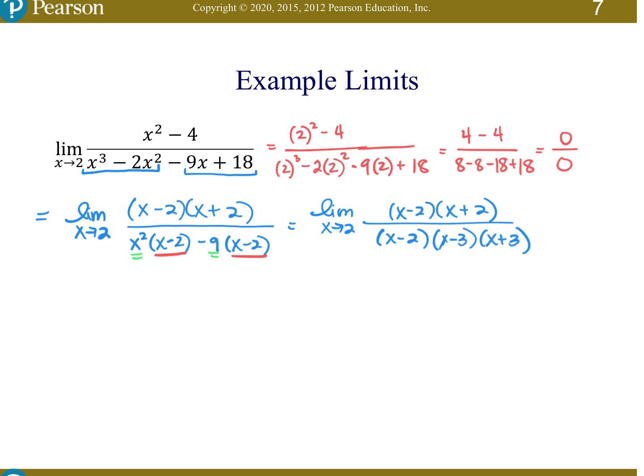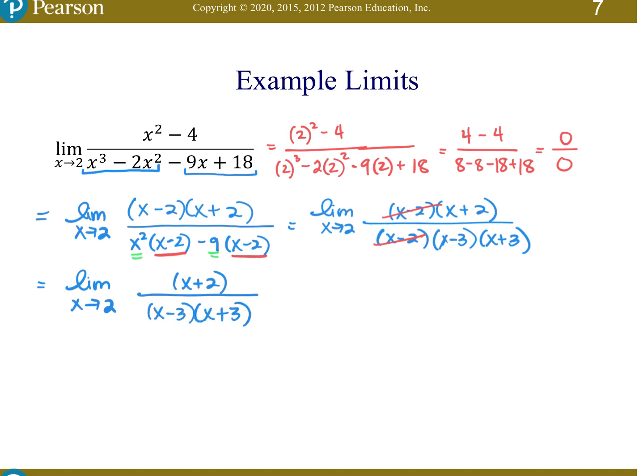And what I recognize right now is that in the numerator and denominator, the same factor of x minus 2 is present. So that factor can be reduced. So I'm using division to simplify. Notice that because I still have variables, because I still have x's, I am keeping my good notation of writing the limit and using good parentheses.